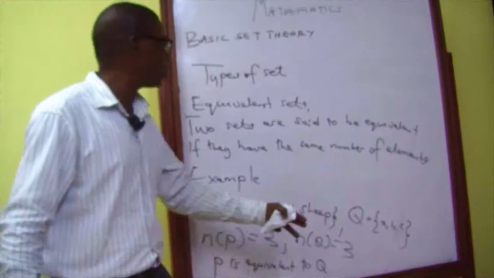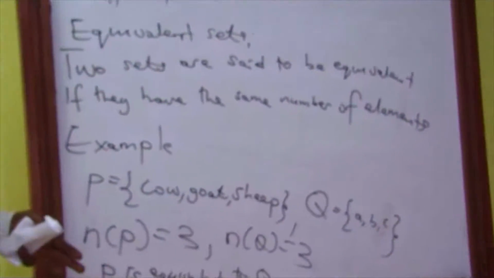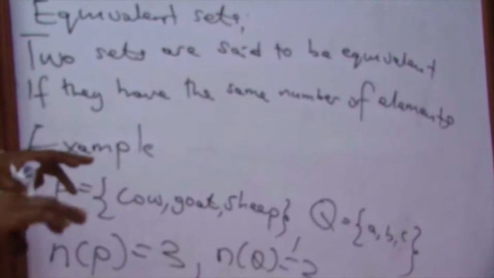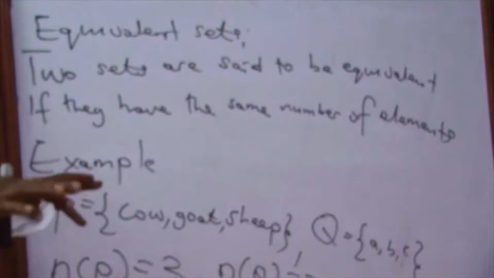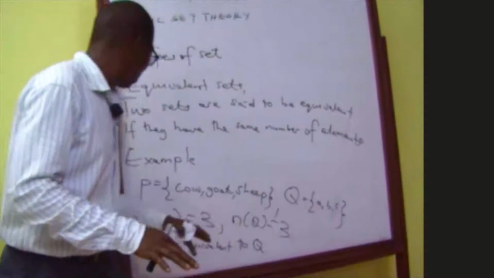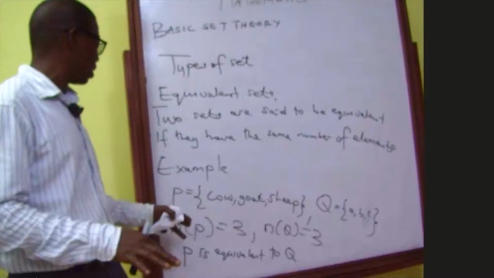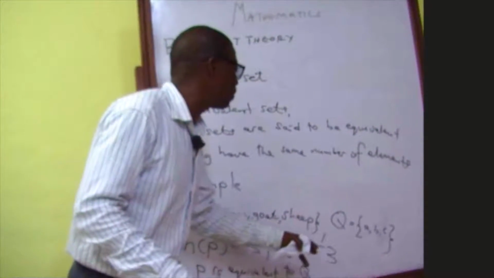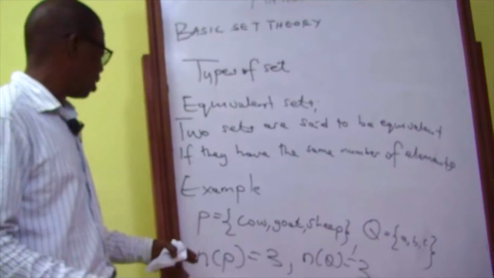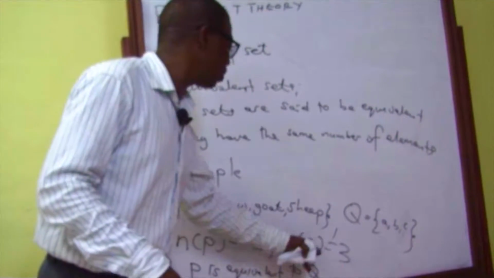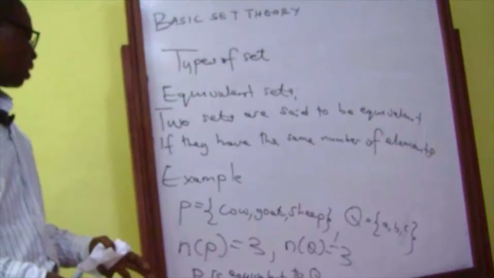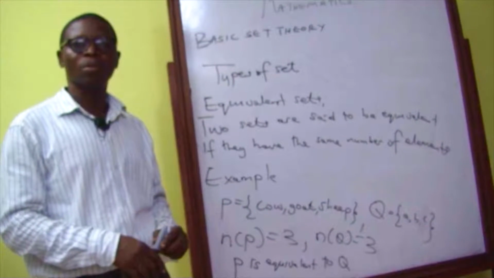The number of elements we have in Q, we have 3. So we are looking at the numerical value of P and the numerical value of Q. So how many elements do we have in P? 3. How many elements do we have in Q? 3. So n of P is 3, n of Q is 3. So we see that P is equivalent to Q.